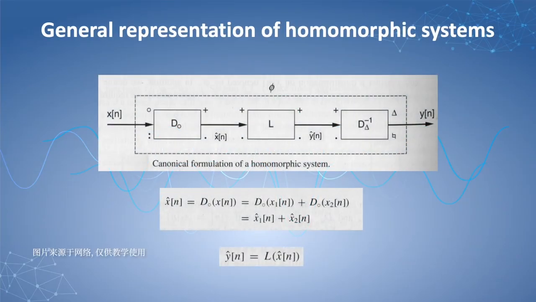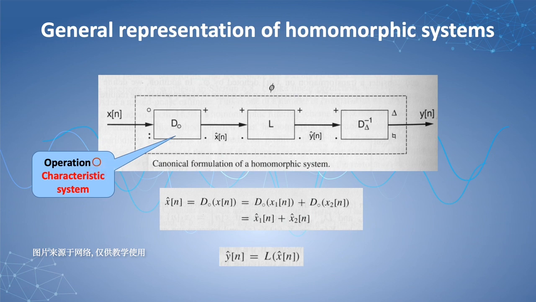A homomorphic system can be represented as a cascade of three systems. The characteristic system D_○ with operation symbol circle takes input signals x1[n] and x2[n] by use of the rules of operation circle and transforms them into general linear combination D_○{x1[n]} and D_○{x2[n]}. Since the system D_○ is determined by the operation circle, it is called the characteristic system of operation circle.